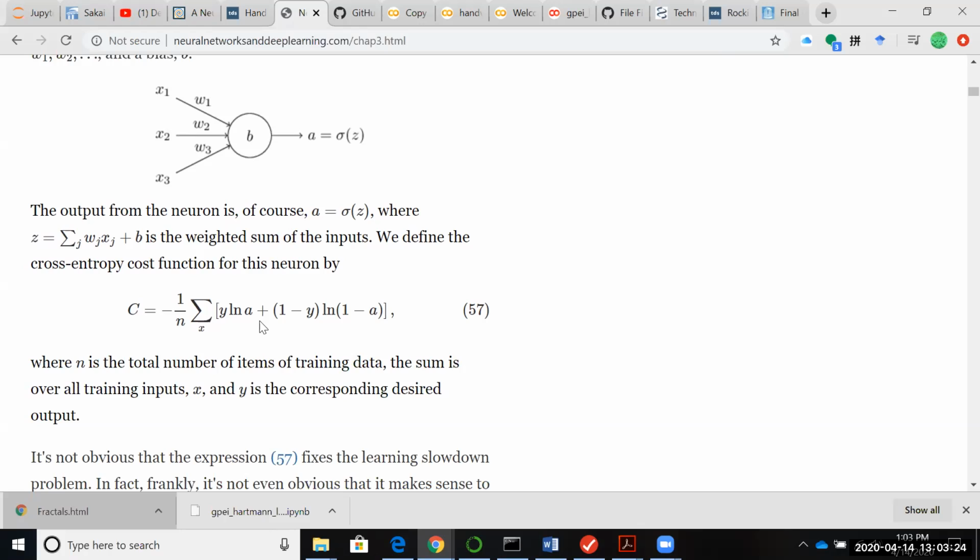This function is called the cross entropy function. I won't go through the history of where it comes from, but it turned out that defining the cost function this way is much more efficient.